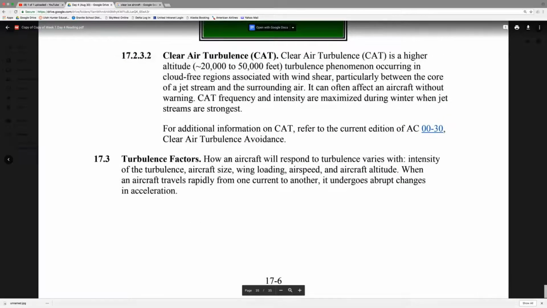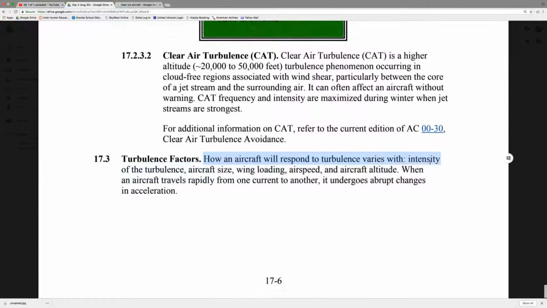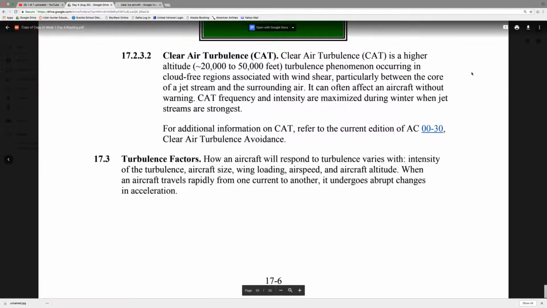And here's a super important thing to remember about turbulence. How an aircraft will respond to turbulence varies with intensity of the turbulence, aircraft size, wing loading, airspeed, and aircraft altitude. Okay, let's apply this practically.